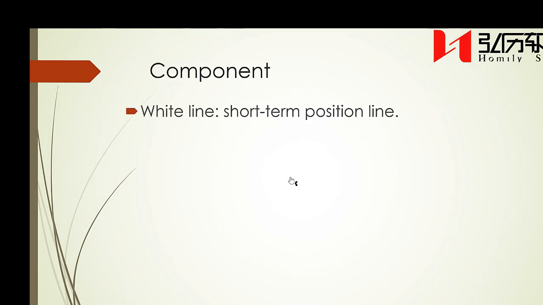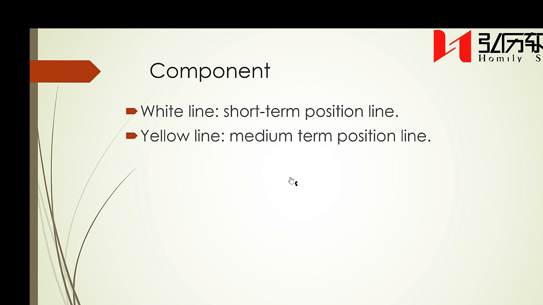And then the components. We can see it has a little bit more lines. Here we can see the white line. It stands for the short-term position line, so to judge whether it is a short-term uptrend or short-term downtrend, we can look at the direction of the white line.